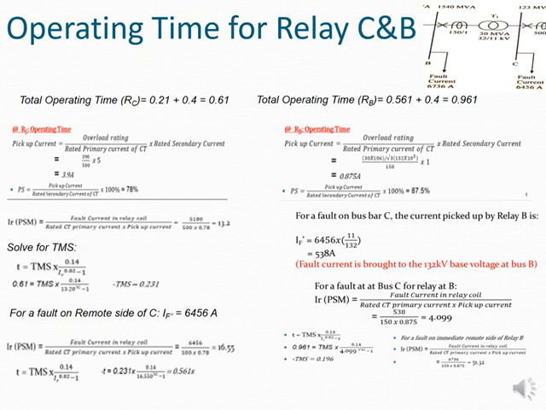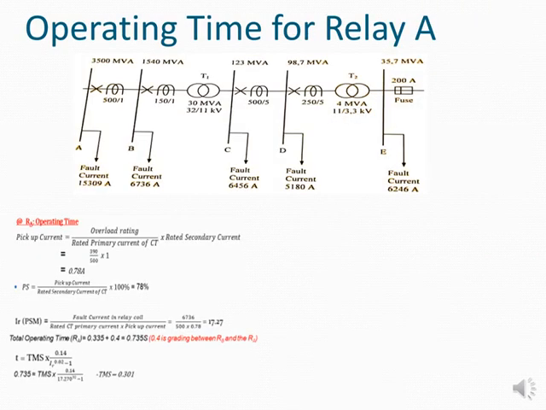I don't have to bring anything on the current or fault current. I take it as it is, the 6736, to work out my IR. I then calculate what my time is going to be utilizing the TMS I just got. Then I can be finished now because I'm going to relay A. I've already done my remote relay B. Remember that time in there.